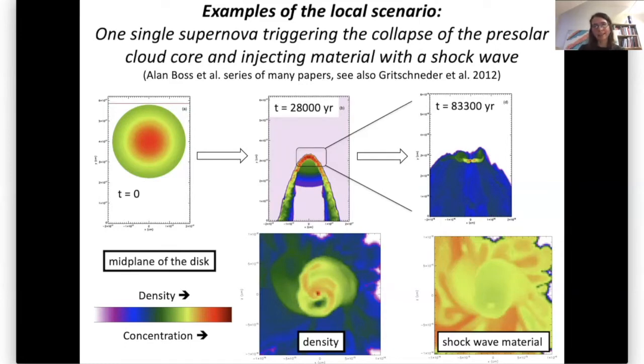It is important that we need to mix the shock wave material with the disk, because that's the material that carries the aluminum-26. If we don't mix it, then the aluminum-26 doesn't end up in the early solar system. And these models are showing that this works. You can mix the aluminum-26 in there, so it is a viable model.